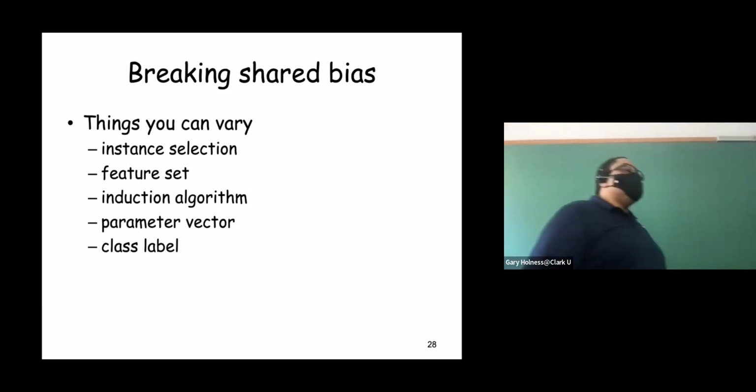Okay. The other one is the induction algorithm. You can change the way your learning algorithm searches through feature space. One, you can have it jump around randomly. The other, you can have sort of a wiggly path that's very smooth, and all sorts of variations in between.